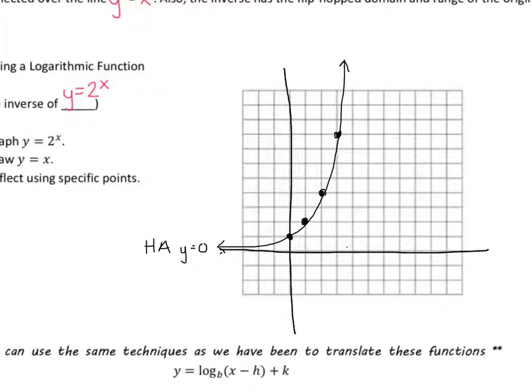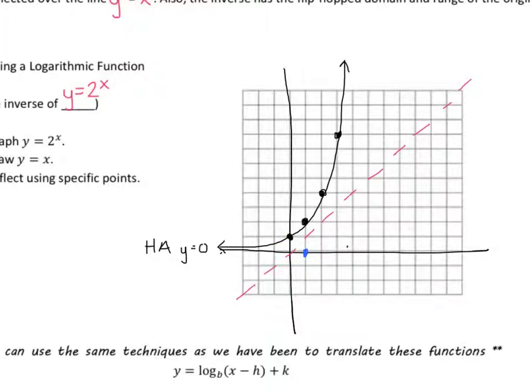The next thing to do is draw that line that we're going to reflect over, the y equals x. So I'm going to go up 1 over 1, up 1 over 1, up 1 over 1, all the way up. That's a straight line. And now we can just reflect it. You can make a table if you need to. Instead of 0, 1, we're going to do 1, 0.